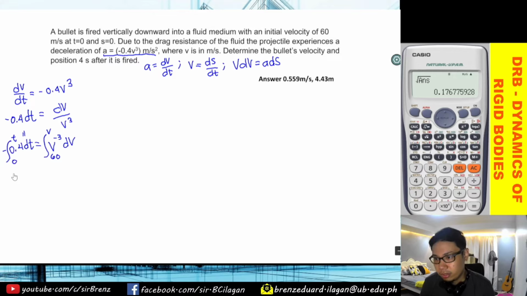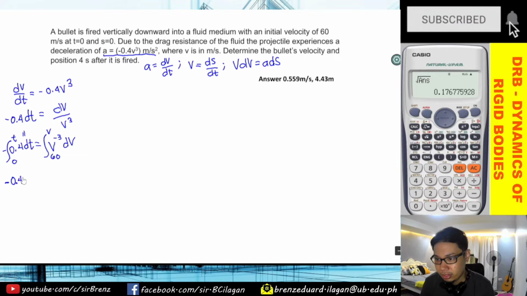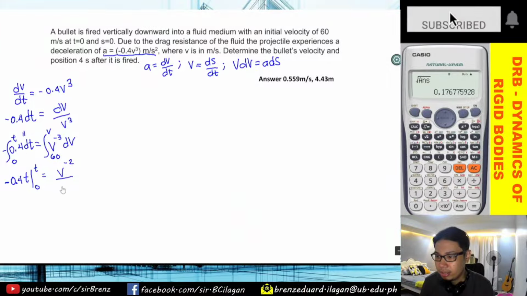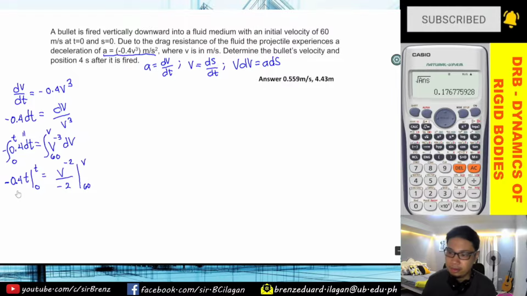So negative 0.4 times the integral of dt, so magiging t lang yan with the limits of 0 to t. And then integral ng negative v cubed, magiging plus 1, so negative 2, all over negative 2, with the limits of 60 hanggang sa v.